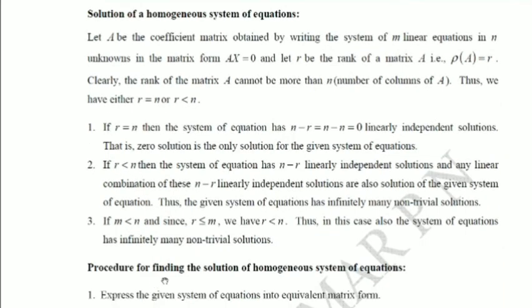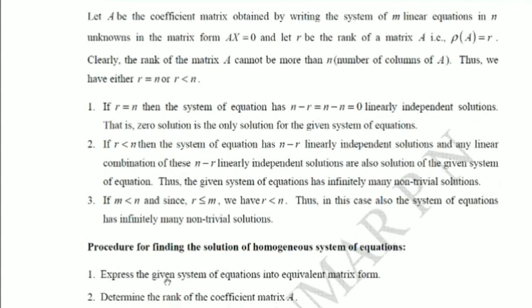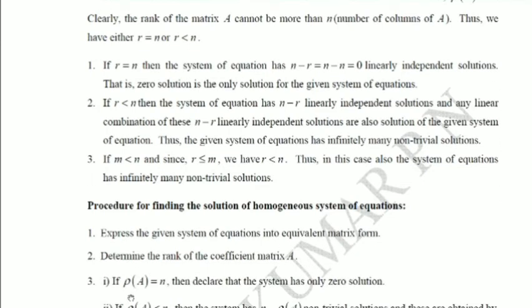So what is the procedure for finding the solution of a homogeneous system of equations? First, express the given system of equations in equivalent matrix form. Then find the rank of the coefficient matrix. If the rank of the coefficient matrix is the same as the number of unknowns, then straight away you can declare that the system has only the zero solution.